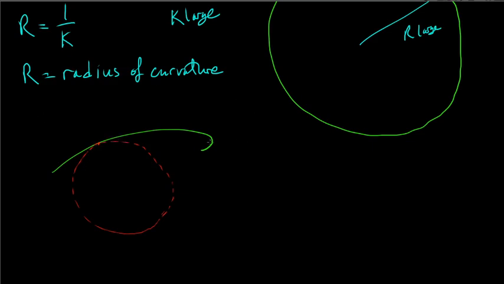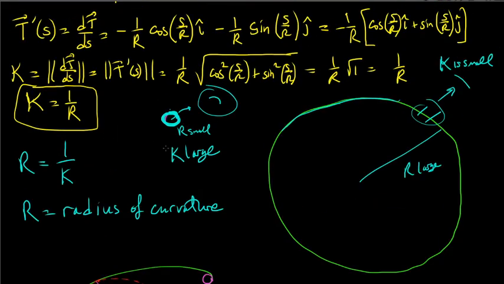On the other hand, if you drew a circle over here, it would be a very small circle. So again, the curvature is large, the radius is small. When the curvature is small, the radius is large. Not a surprising result for either the radius or the curvature, which is just the reciprocal of the radius.